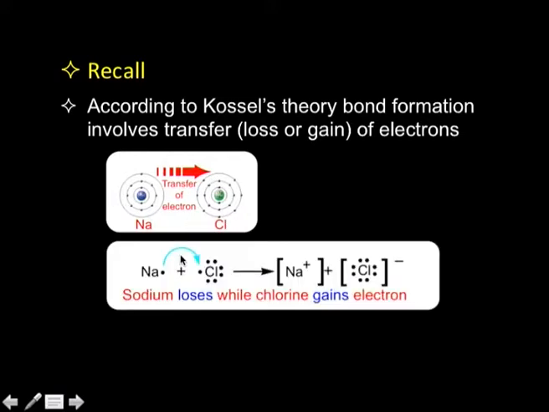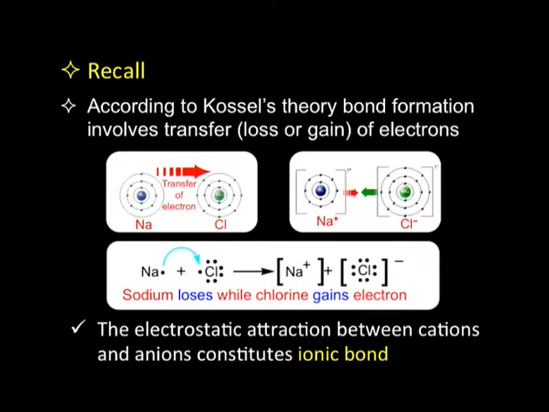In the process, sodium loses an electron and the chlorine atom gains an electron, and we get two ions. Sodium becomes sodium cation and chlorine becomes chloride anion. Once these two ions are formed, they attract each other electrostatically and form what is called an ionic bond.